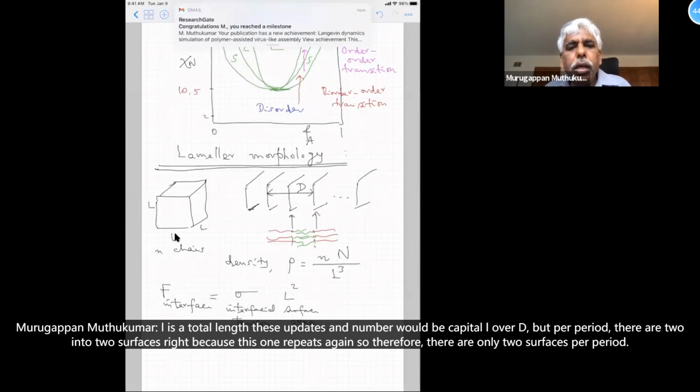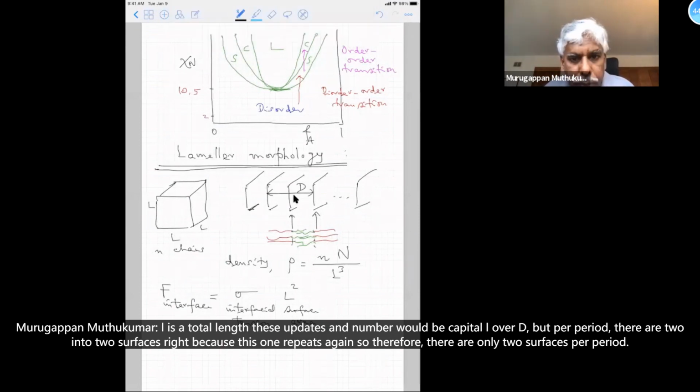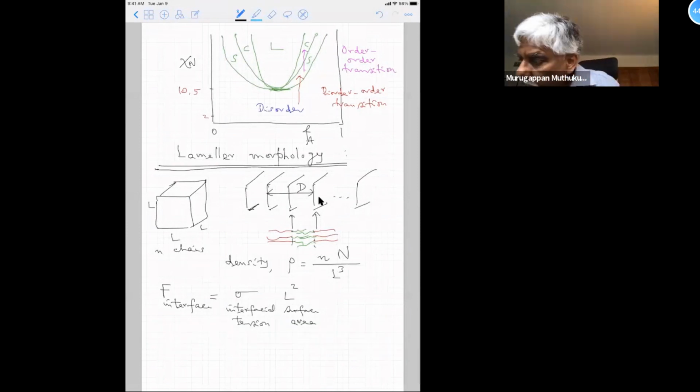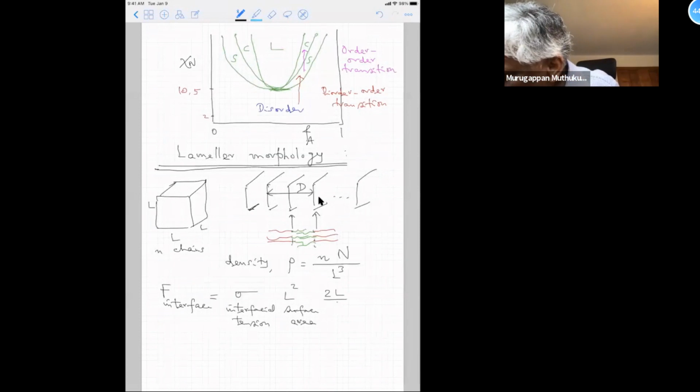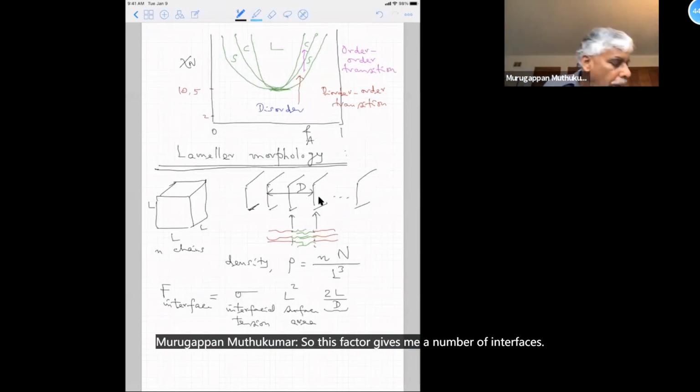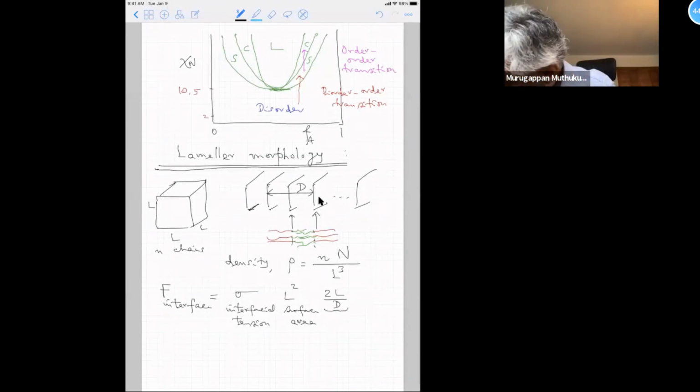So the number would be capital L over D. But per period, there are two surfaces, because this one repeats again. Therefore, there are only two surfaces per period. Therefore, I'll have 2 times L over D. So this factor gives me the number of interfaces.